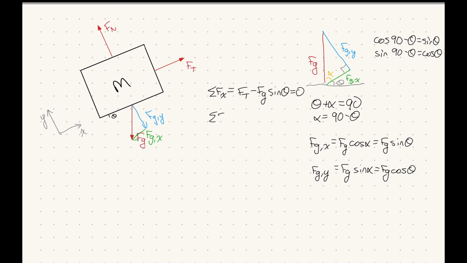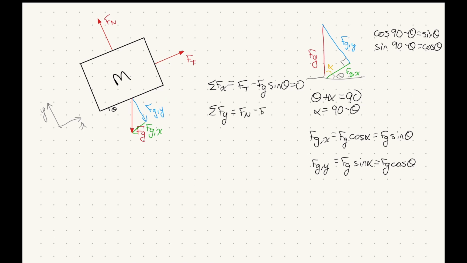Sum of forces in the y is equal to the normal force, which is fully in the positive y direction, minus the gravitational force cosine of theta, which is also equal to 0. Now let's say in this equation we want to define the tension force as some function of the gravitational force. Well, it'll be pretty easy. We would see that the tension force will be equal to the gravitational force sine of theta.